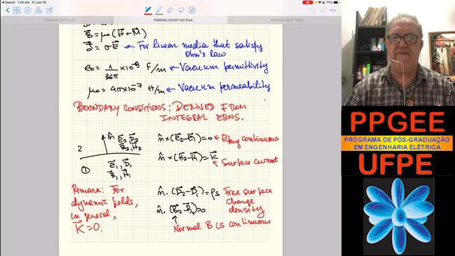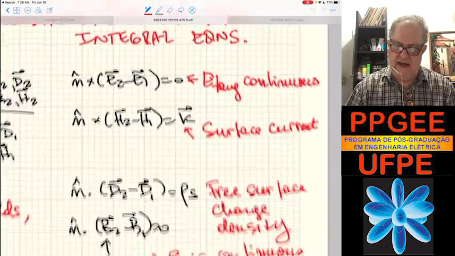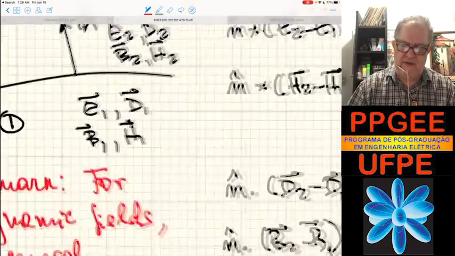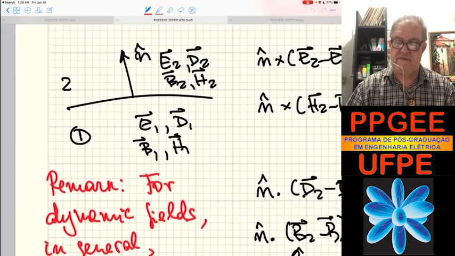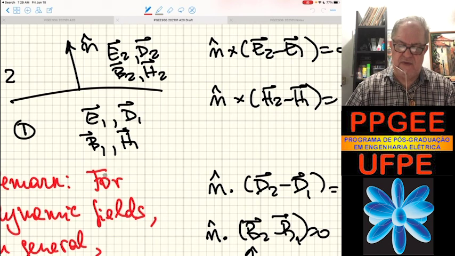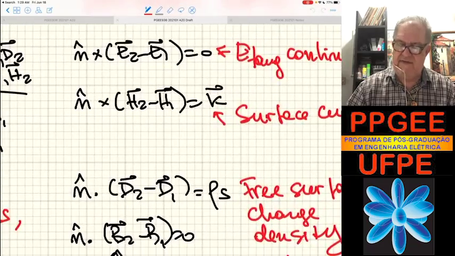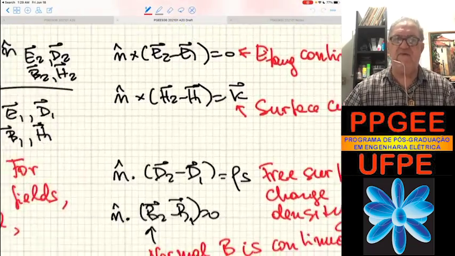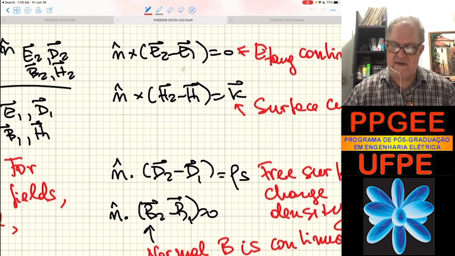Now we only have relations between, if you have a boundary between two different regions, an interface, if we call the fields on one side by subscript 1, fields on the second side subscript 2, well, we have the same boundary conditions now involving the complex vectors.